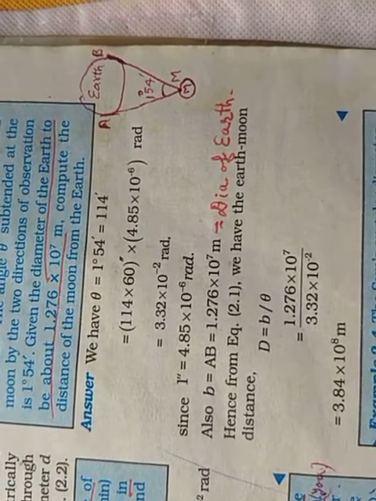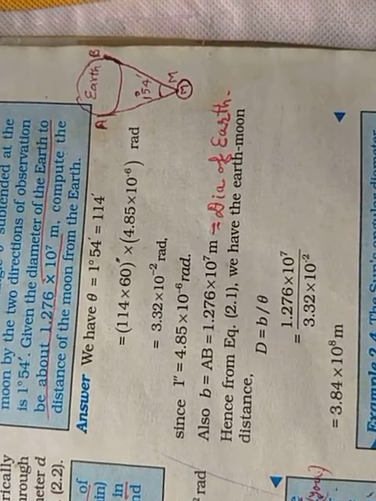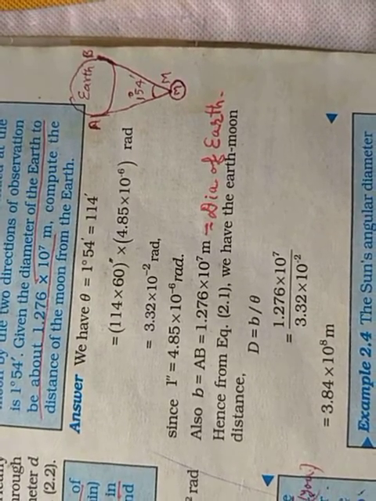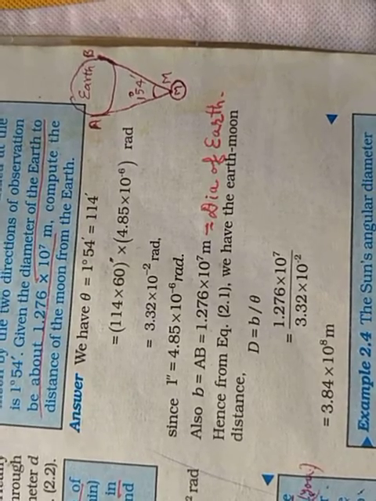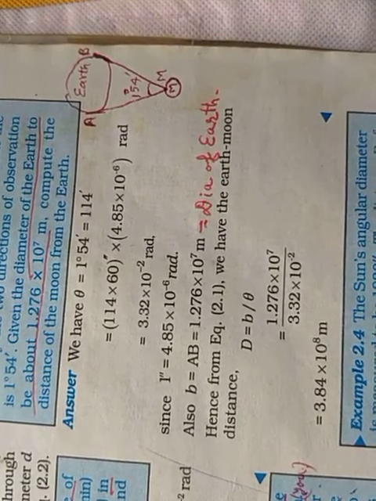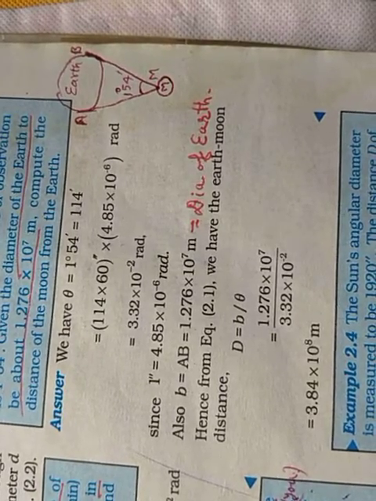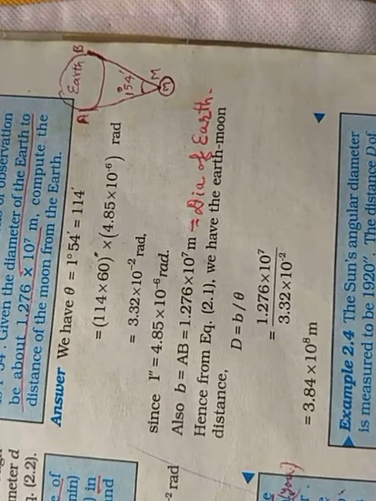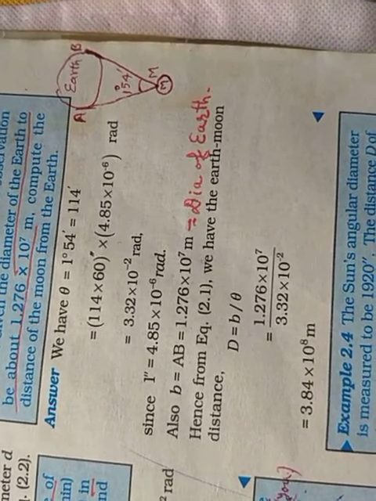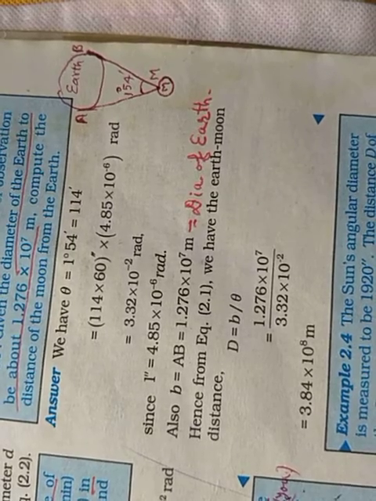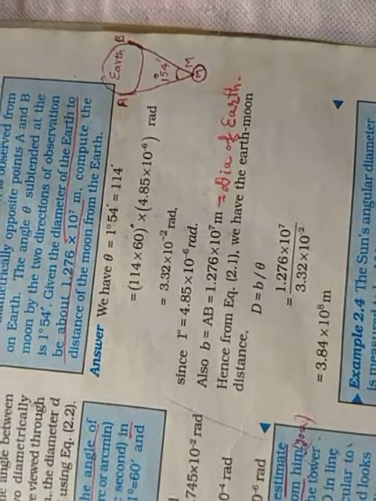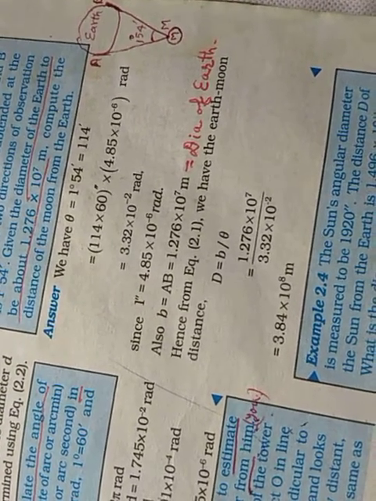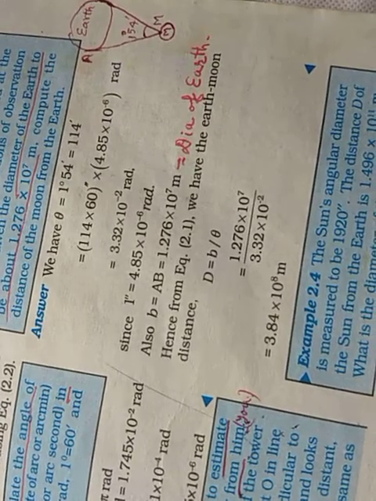Therefore the distance of moon, AM or BM, is equal to the arc, which in this case is nearly taken equal to the diameter of the earth, AB equal to 1.276 × 10^7 meter, divided by the angle subtended at moon by earth, and that value is 3.32 × 10^-2 radian.